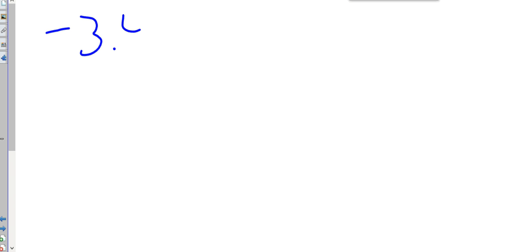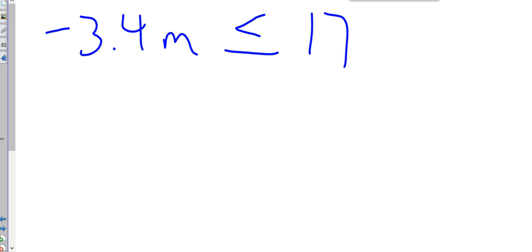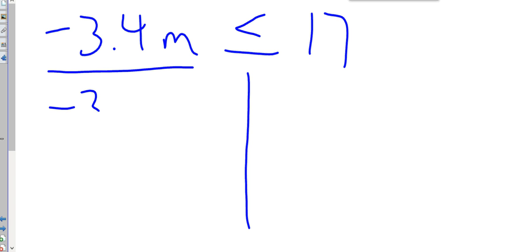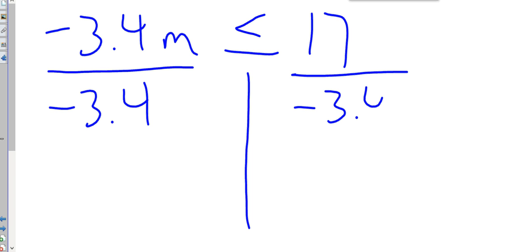If you have a negative number that you're going to multiply or divide by, when it crosses the line, we're going to call this the line, when it crosses the symbol, when it goes to the other side, when I do it to the other side, so when I take this and I start using my principle like I'm supposed to, and I'm going to divide by this negative 3.4, that much is true.